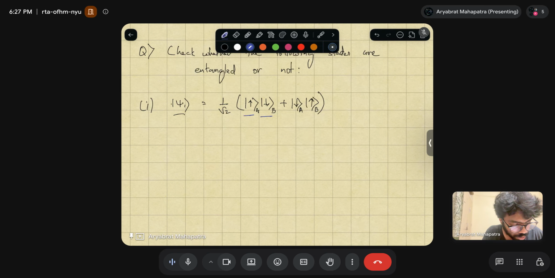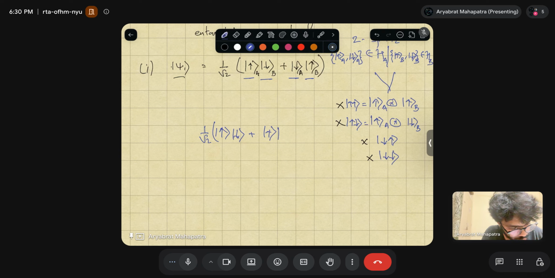But if I make a linear combination as this right here, 1 over square root 2 of this, and also this, the only difference is the relative sign.